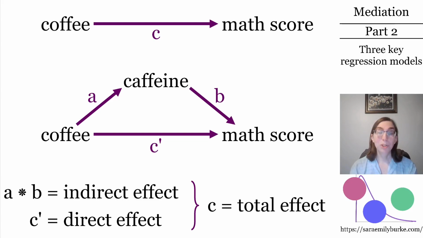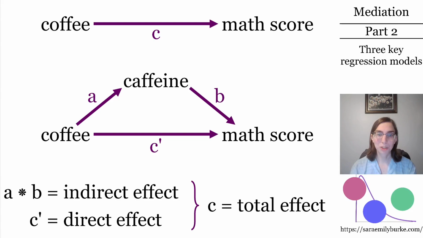Of course, we don't know that the association between caffeine and math test scores adjusting for coffee represents a causal relationship. Those are both just measured variables, not manipulated. But we still define the indirect effect based on the effect of coffee on caffeine and the association between caffeine and math test scores adjusting for coffee.